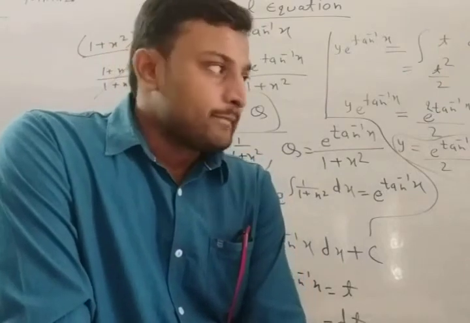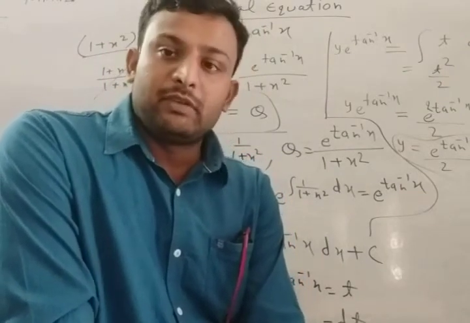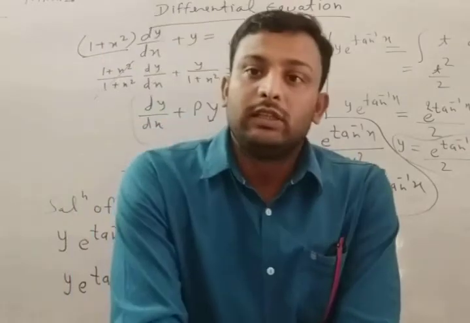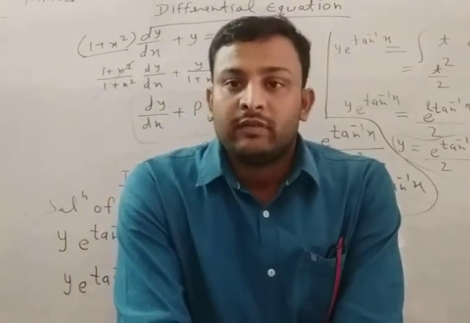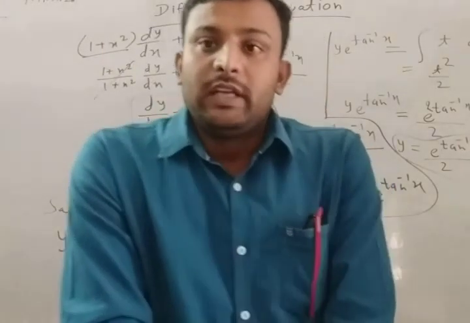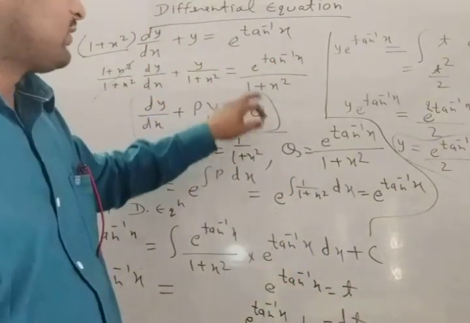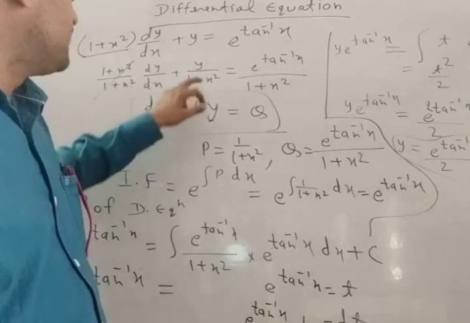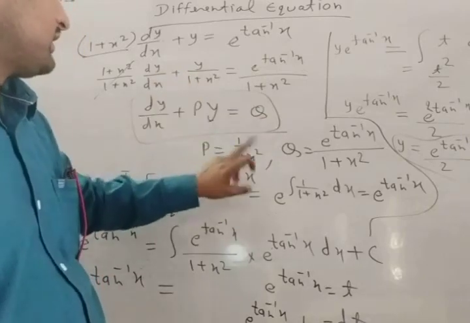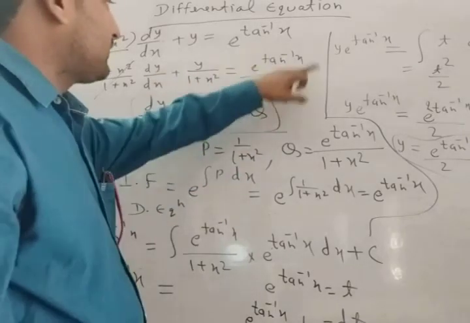So what is the method of solving a linear differential equation? In this method, we first select what p is and what q is. Here our p is 1 by 1 plus x square and q is the whole right hand side.